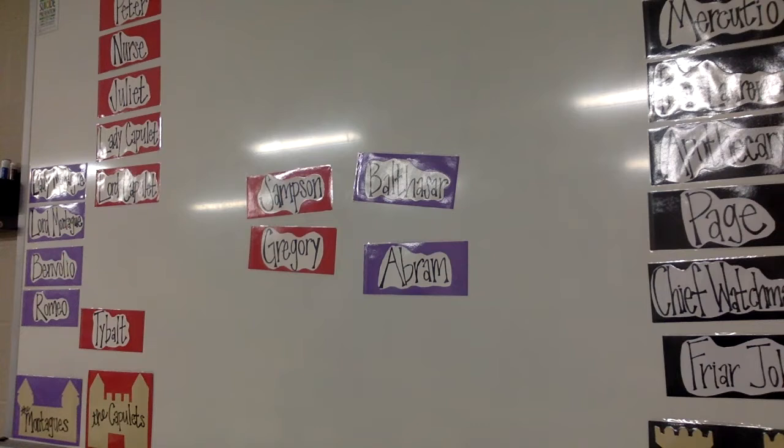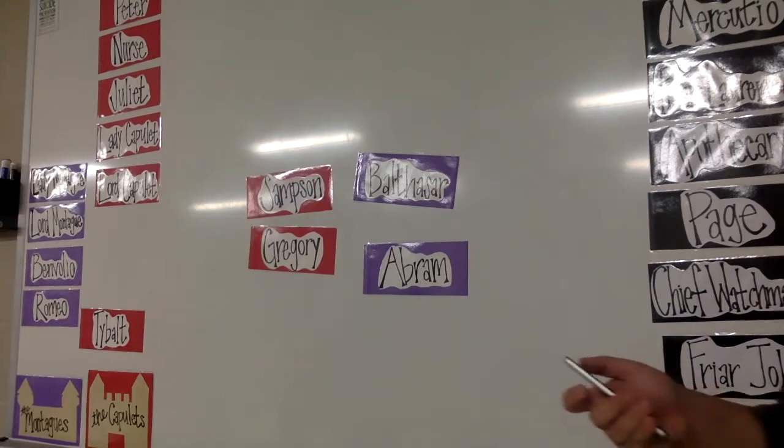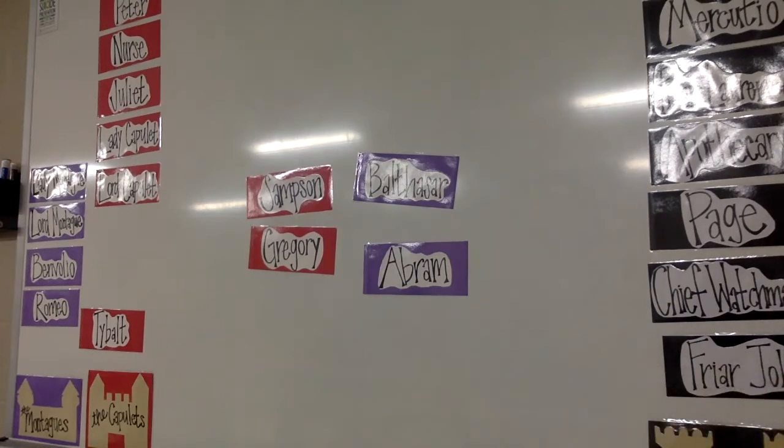Do you quarrel, sir? Quarrel, sir? No, sir. But if you do, sir, I am for you. I serve as good a man as you. No better? Well, sir. Say better, here comes one of my master's kinsmen. Yes, better, sir. You lie. Draw if you be men. Gregory, remember thy swashing blow.